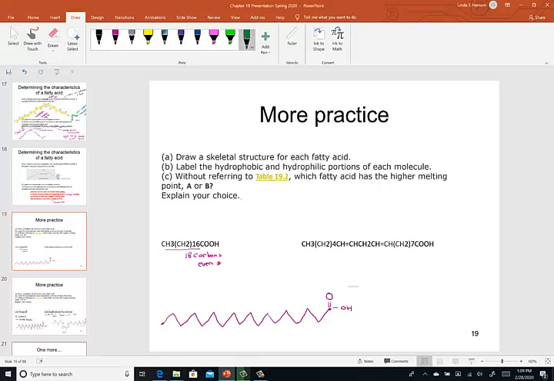This area is the polar region, meaning that it is hydrophilic, water loving. And this region, just everything else, is the hydrophobic, water hating.